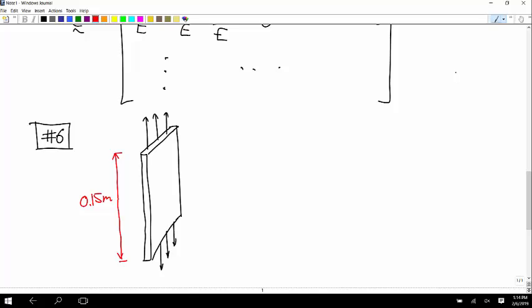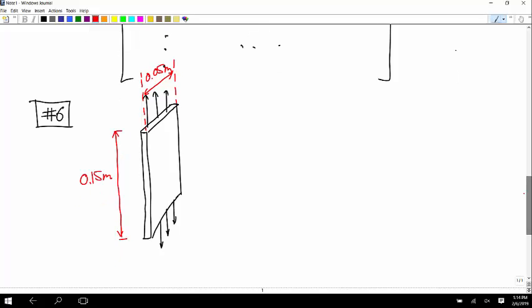The width is 5 centimeters. And then the thickness is 5 millimeters, so 0.005 meters.